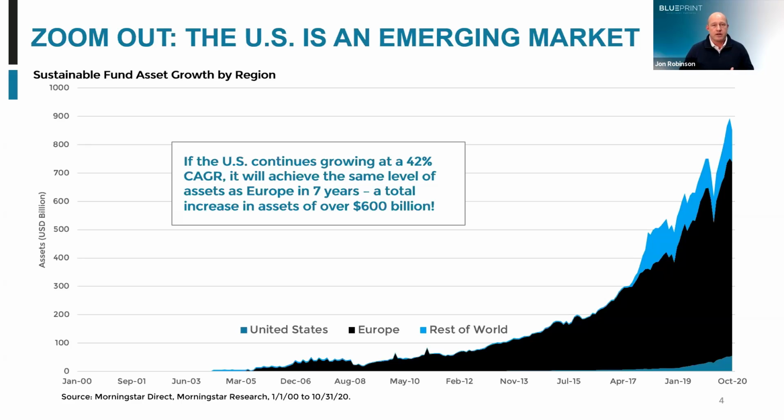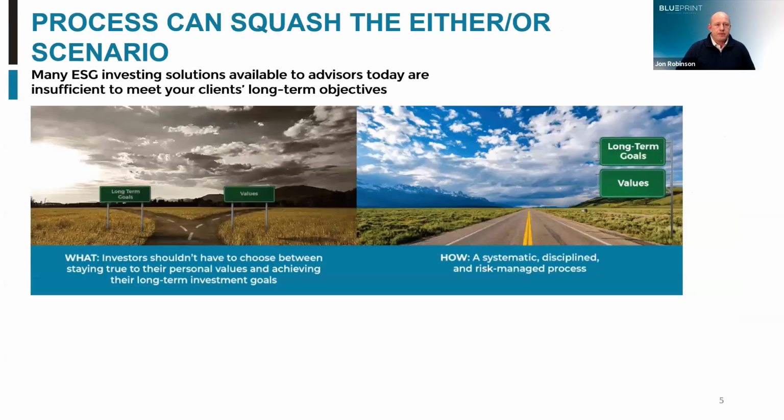For Blueprint, we look at ESG investing as the current set of available options being insufficient to meet clients' long-term objectives, and we marry with that the risk management component that we feel is so important to preserve compounding and help clients meet their goals.